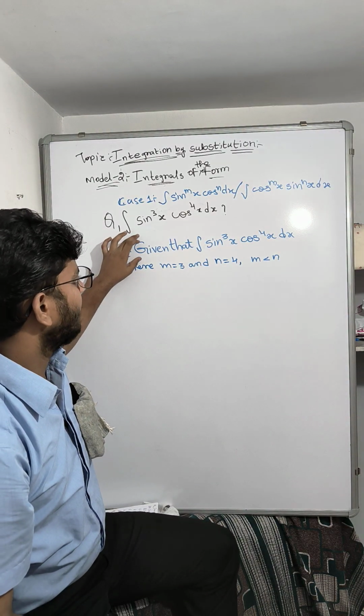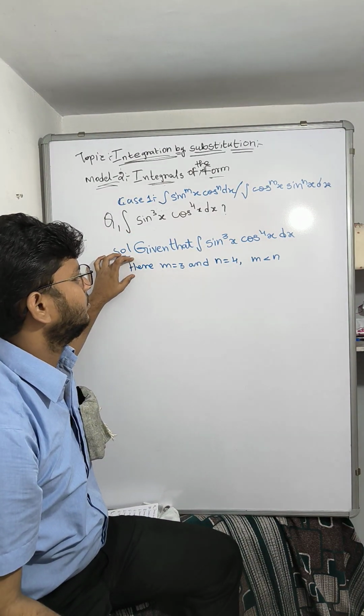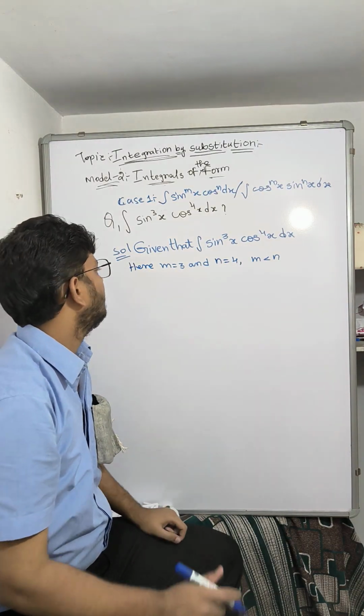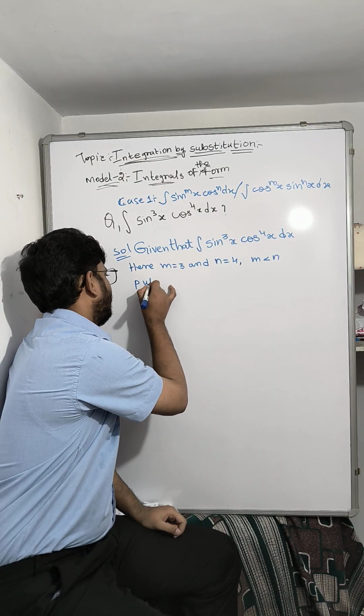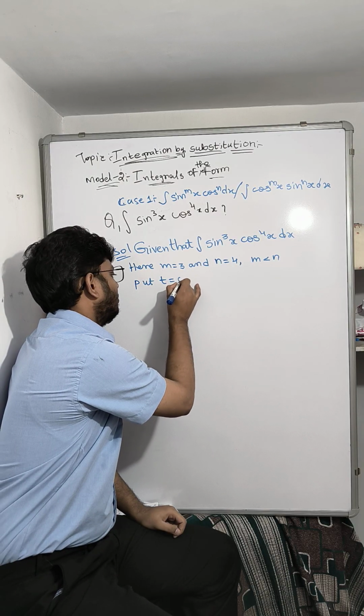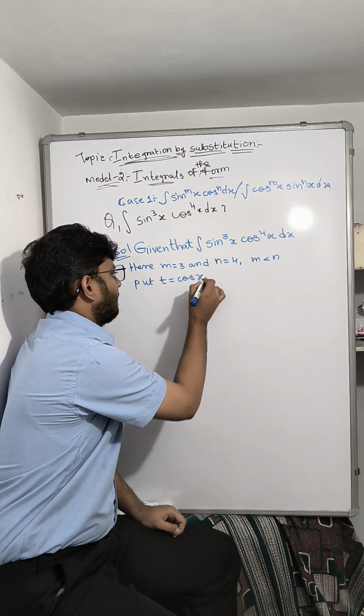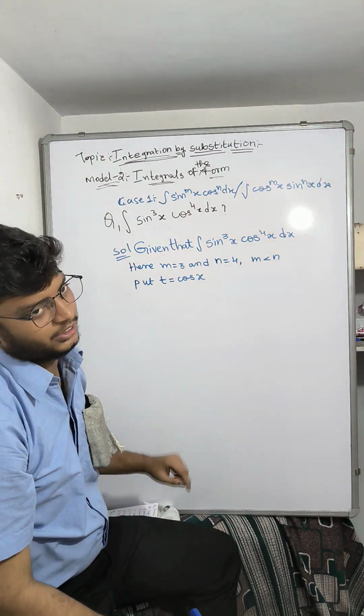This is the first step and this is the second step. m is less than n. What is the condition? Put t is equal to cos x. Okay, this is the condition.